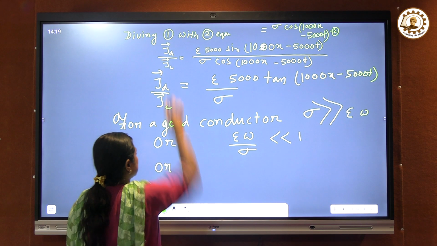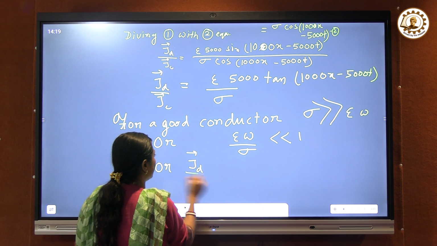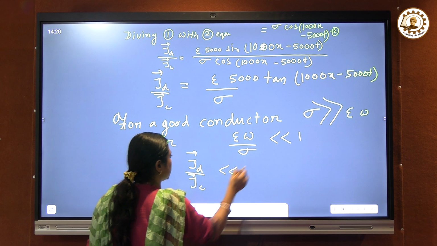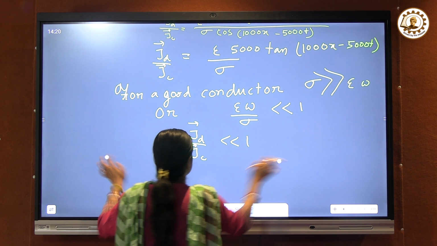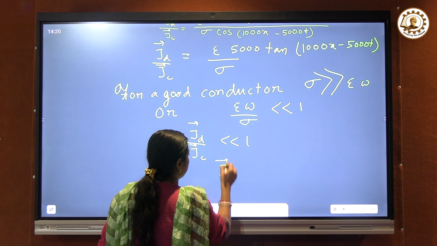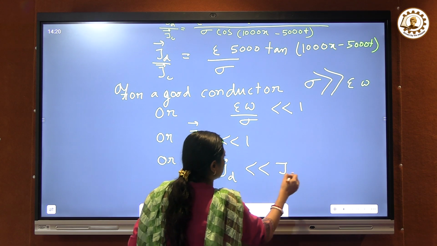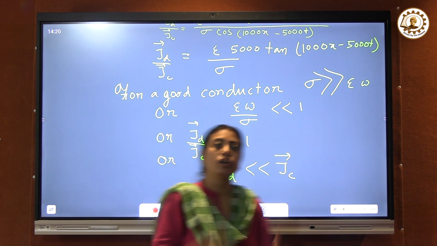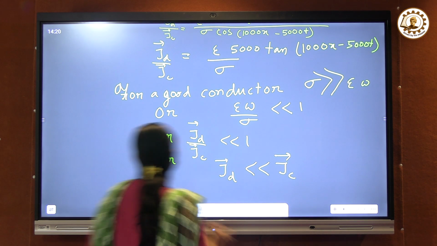But we can write here JD vector by JC vector is much less than 1, or JD vector is much less than JC vector. So this is fully your logic application to solve this equation.